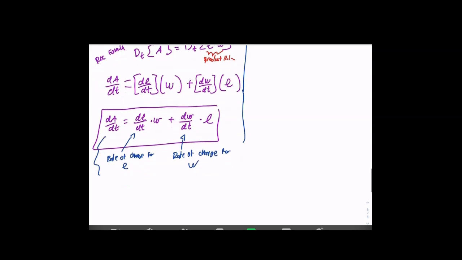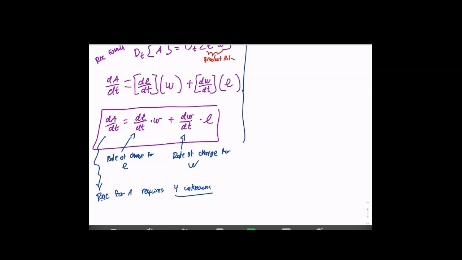It is understood that the rate of change for A requires 4 unknowns.